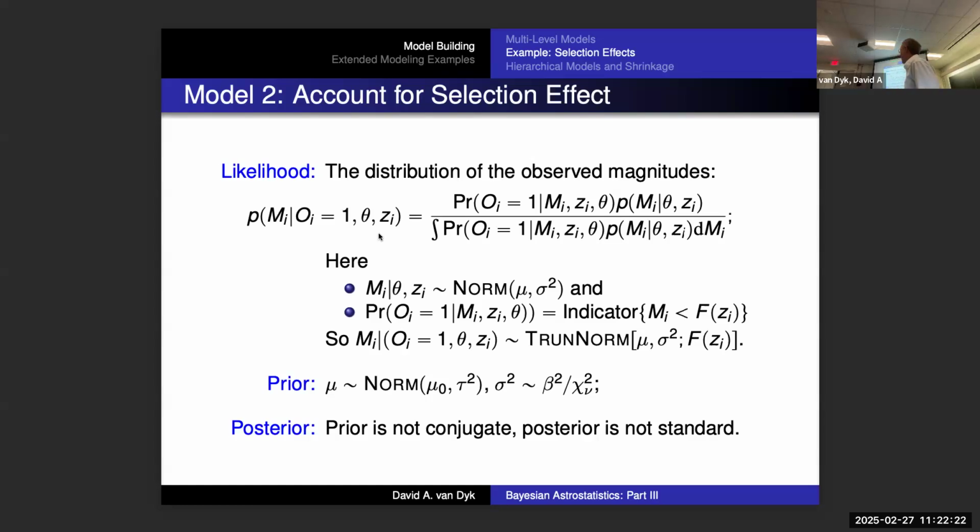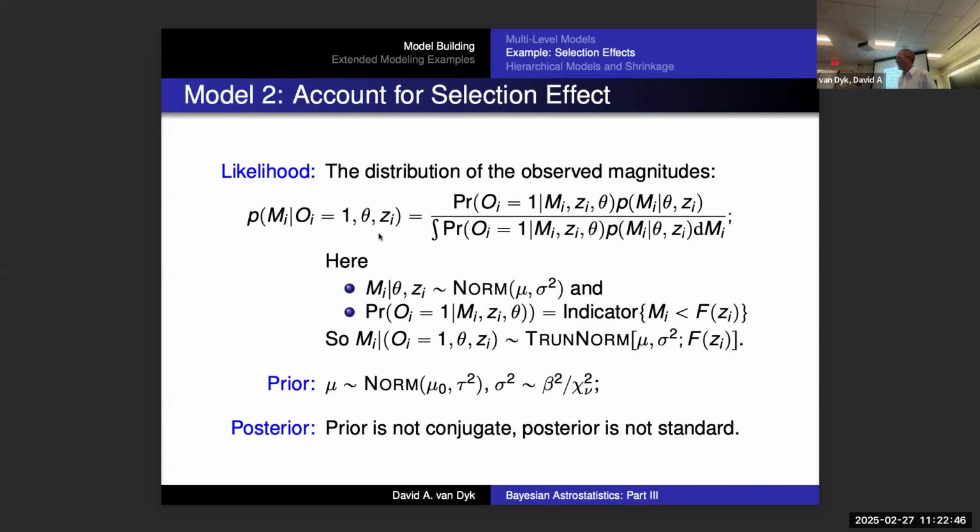So this thing is going to be 0 or 1 if Z is fixed, depending on the value of capital M. So it's what we call a truncated normal distribution. We have a normal distribution, we just truncate it at some point. And in this case, that truncation point is going to be different for each object depending on its value of Z. So it's not just a truncated normal distribution, but the truncation points are all going to be a little bit different.